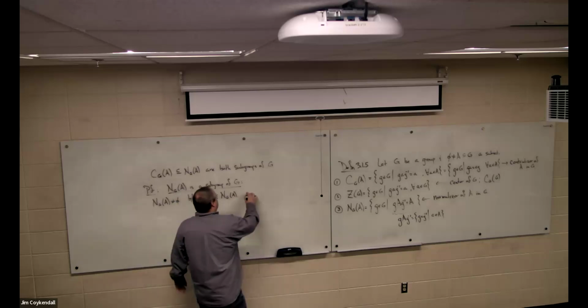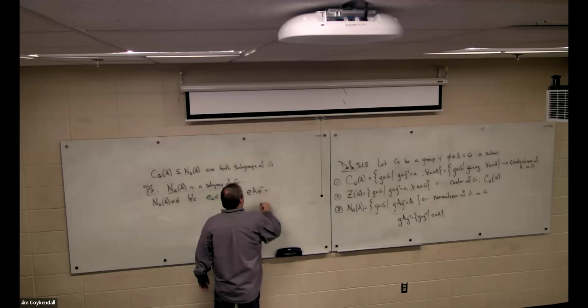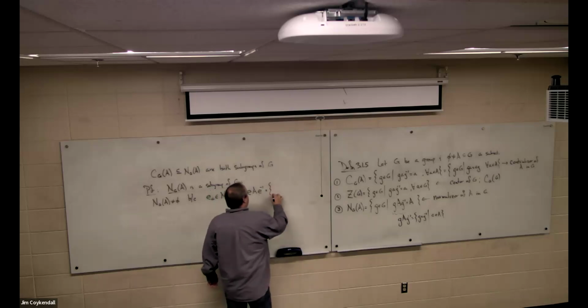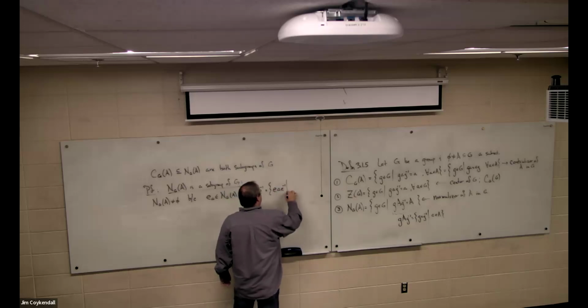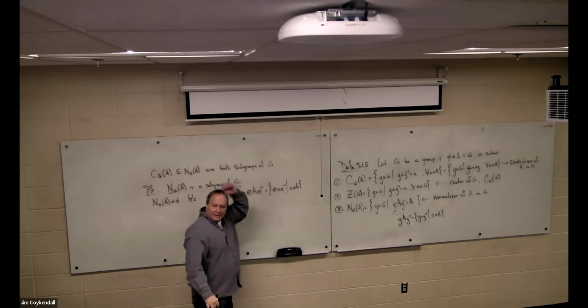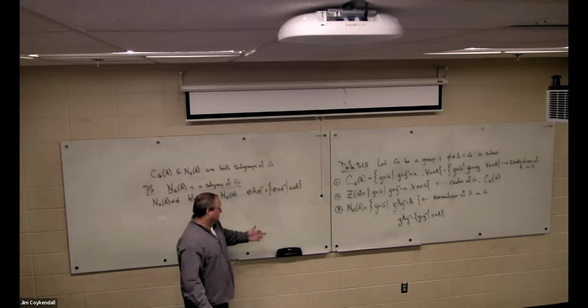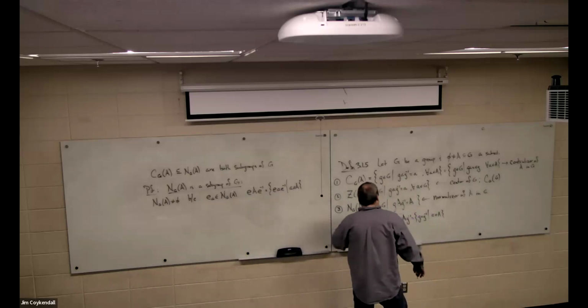Because e inverse is the set e a e inverse as a runs through A. That's what the set is.